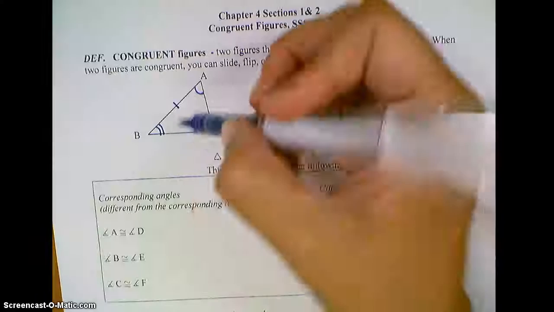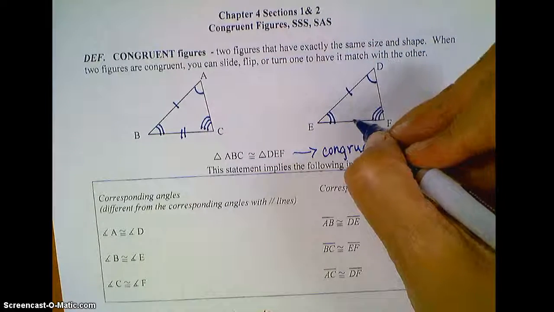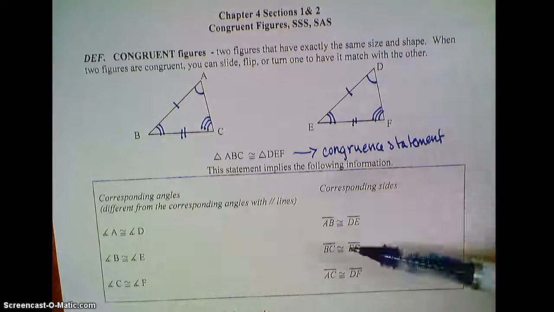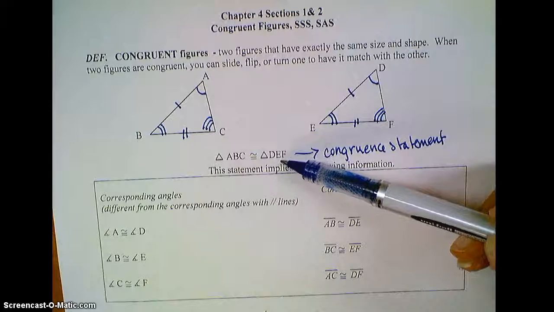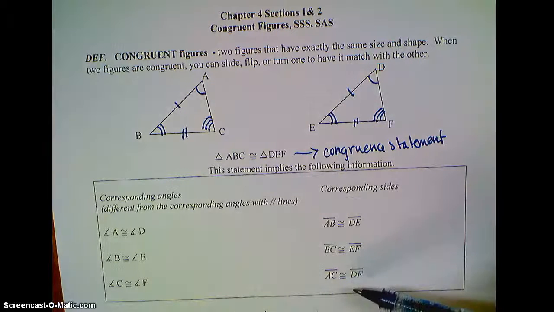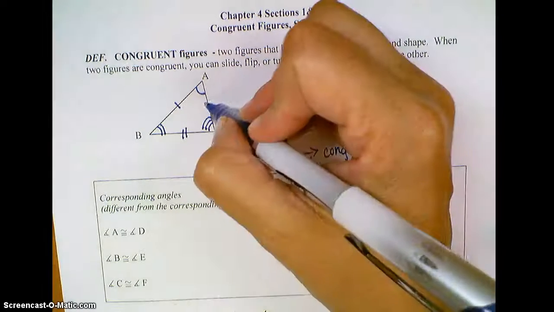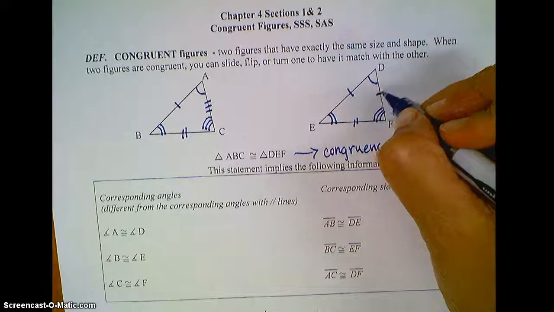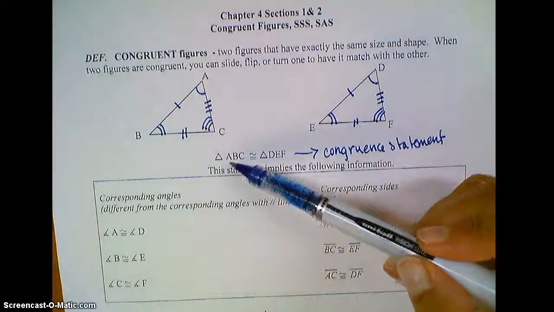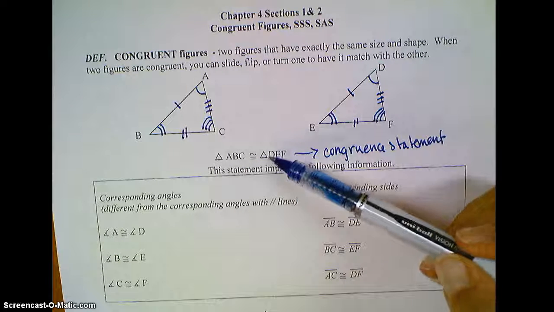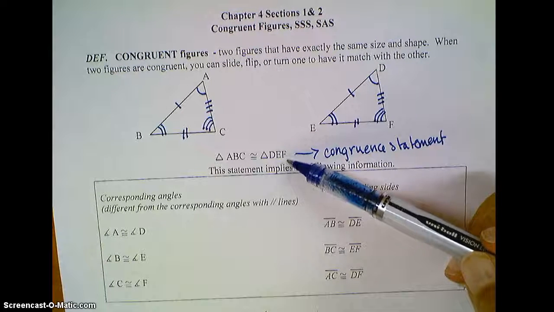BC is congruent to EF. Again, notice second and third letter, second and third letter. And then the last set, segment AC, triple marks, is congruent to segment DF. Again, A and C are the first and third, D and F are the first and third.